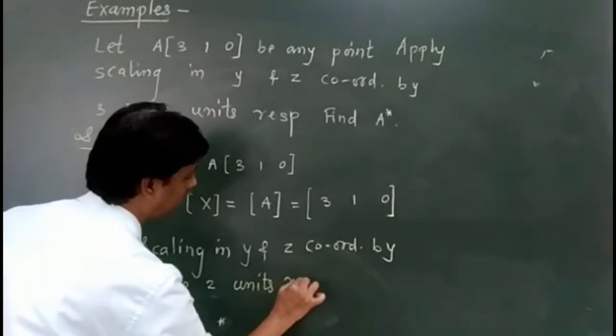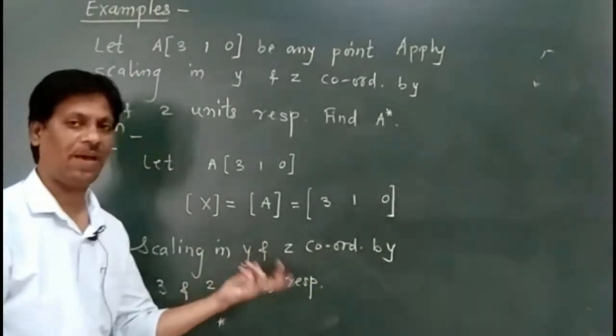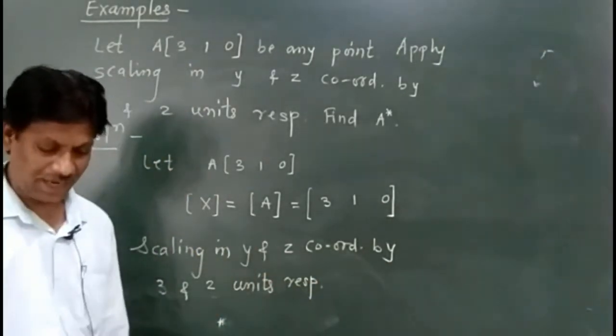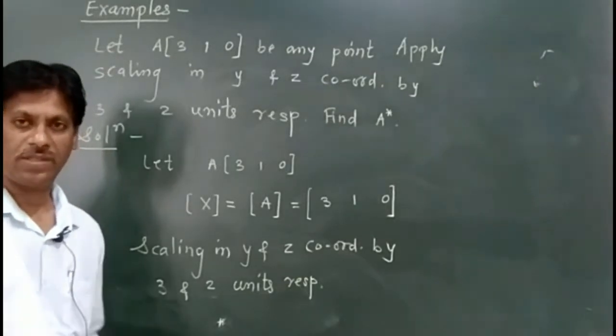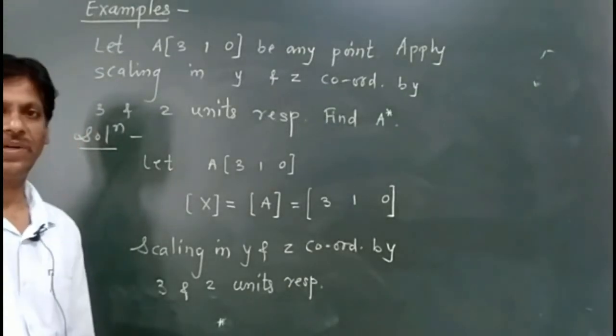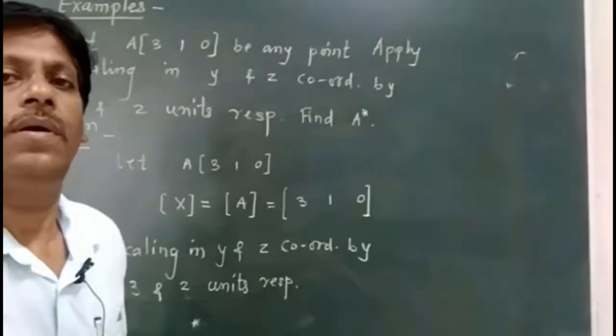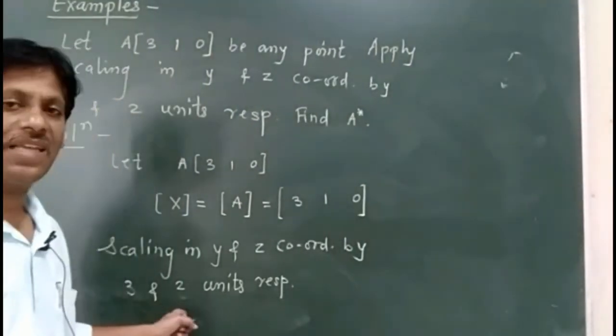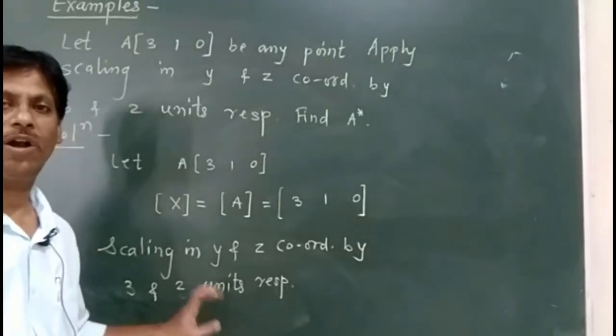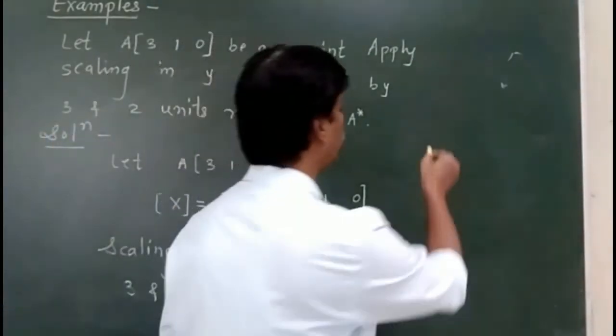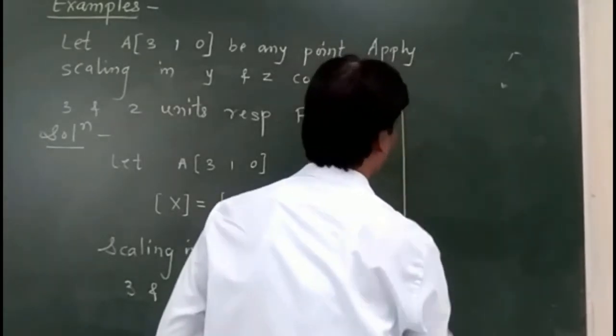So that is the given scaling transformation. That means in y coordinate by 3 units and in z coordinate by 2 units. Okay, so that is the scaling transformation. Now see there. So we write the scaling transformation matrix in y and z coordinate by 3 and 2 units respectively. So how to write that scaling transformation?